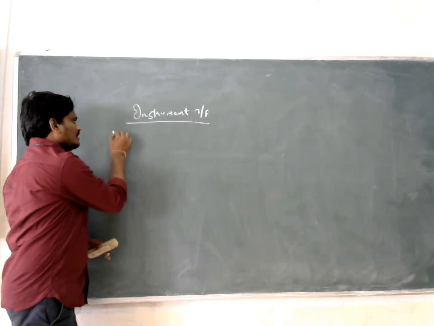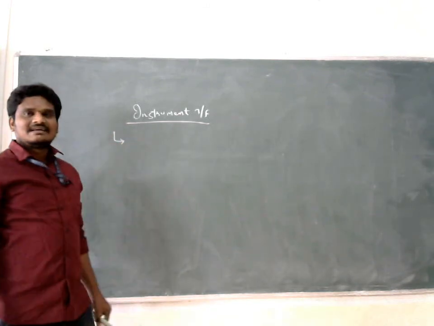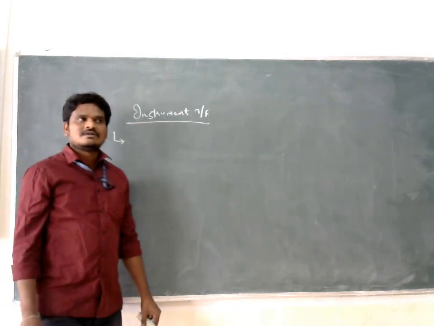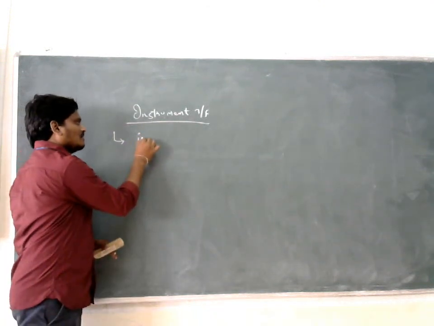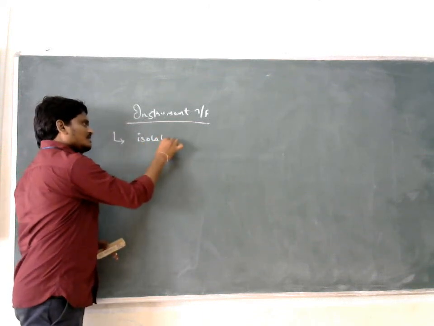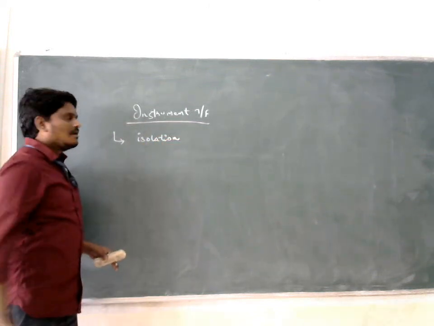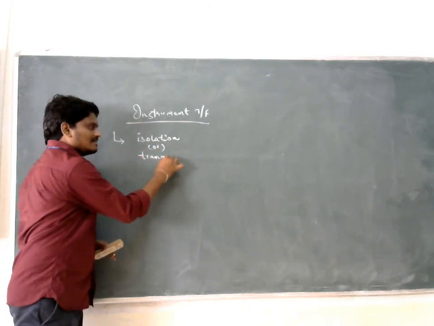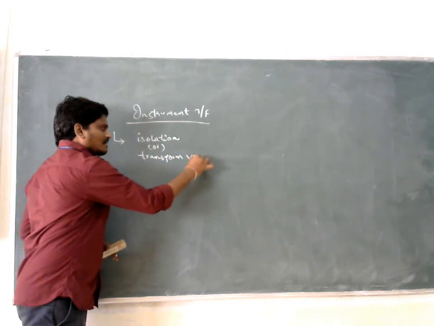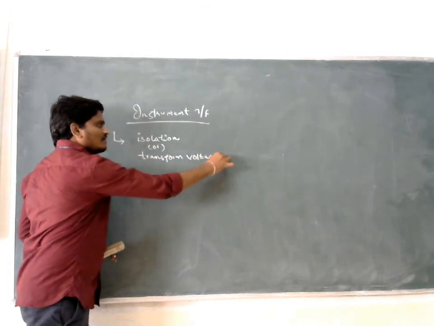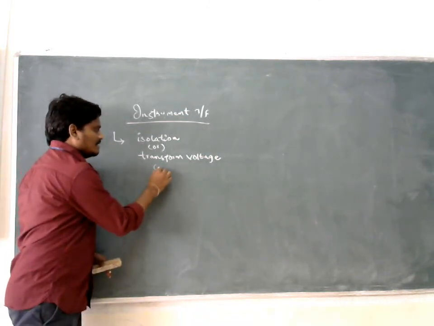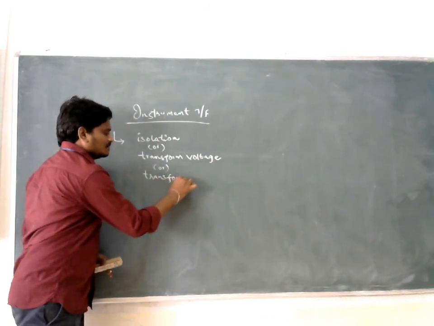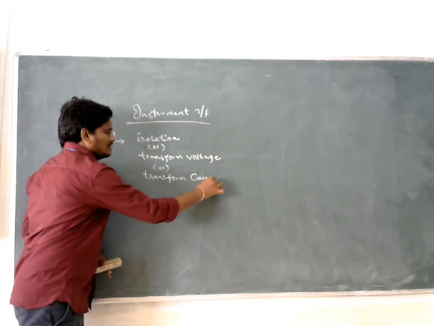It is a high class electrical device which is used for isolation, or which can also be used to transform voltage levels, or else the same instrument can also be used to transform current level.